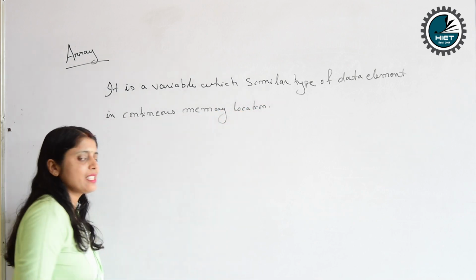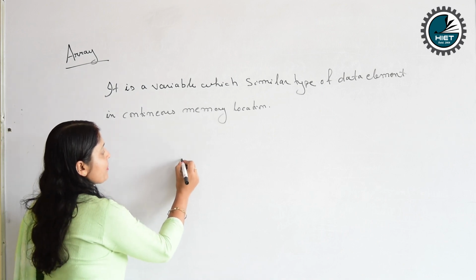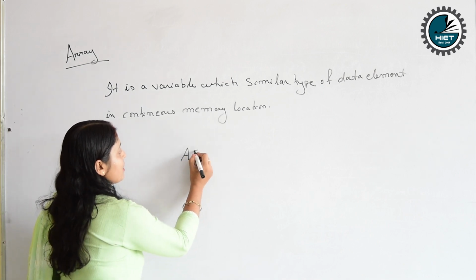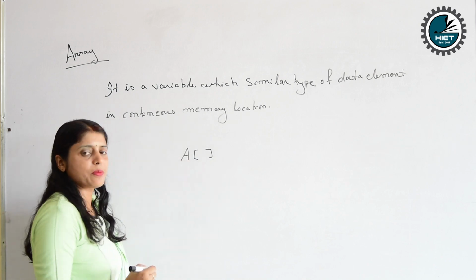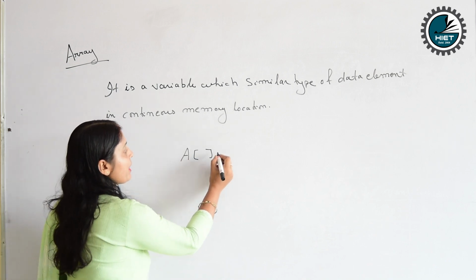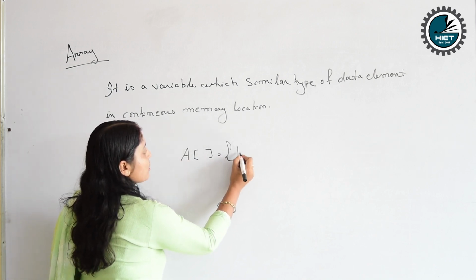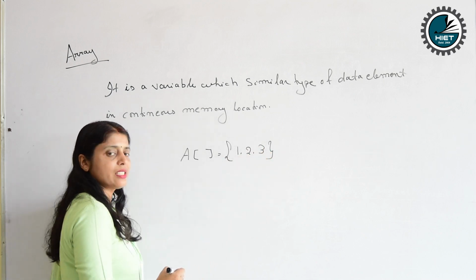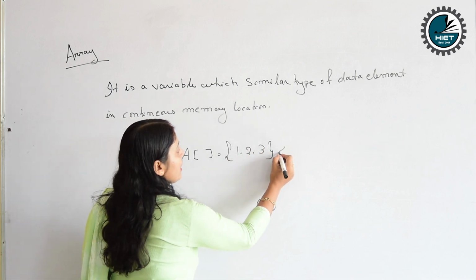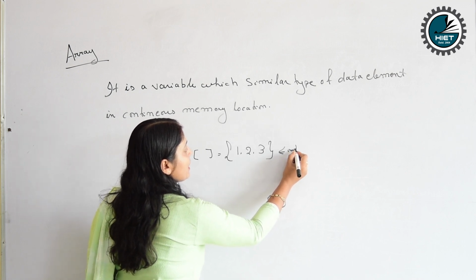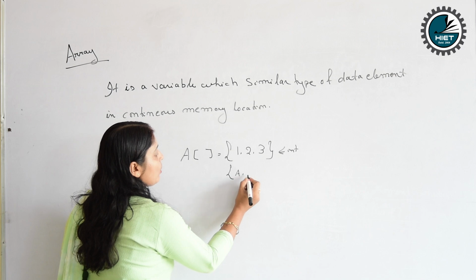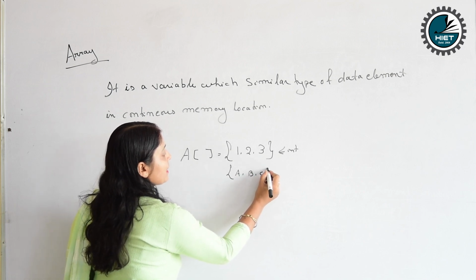That means we can say that we are specifying some variable name, that is a. It is represented by a subscript symbol, and here we can store the data that should be of similar types. If we are storing integer data, then all the data should be integer type. If we want to store character, then all the data should be character type.